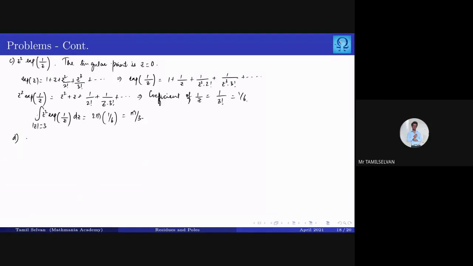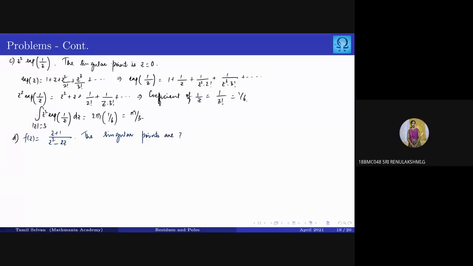The next problem is your function is given to be z plus 1 upon z squared minus 2z. What are the singular points? Guys, what are the singular points? z is equal to 0, z is equal to 2.